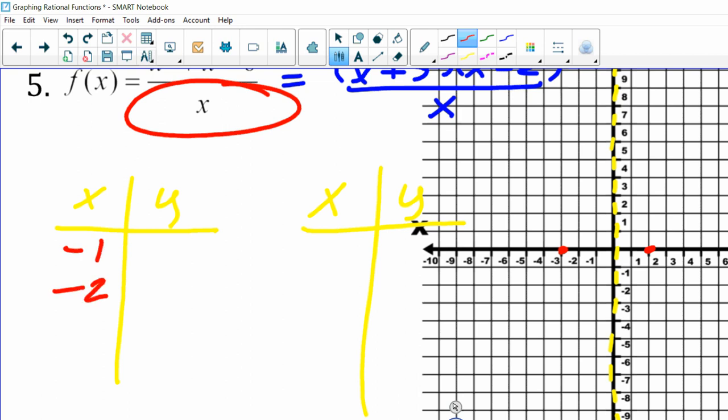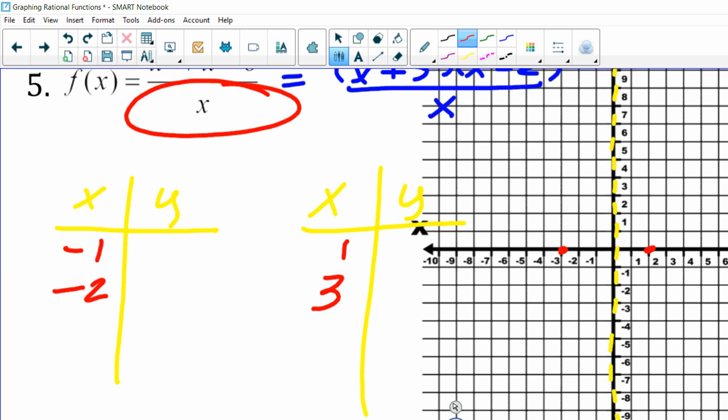What about to the right side? I already have 1. Pick 2 more x values. 1 and 3. Now go graph it, or excuse me, don't graph it.